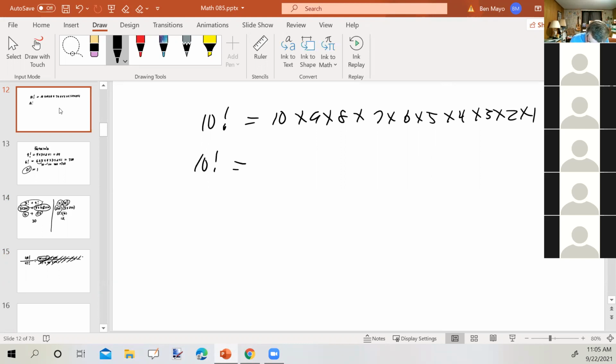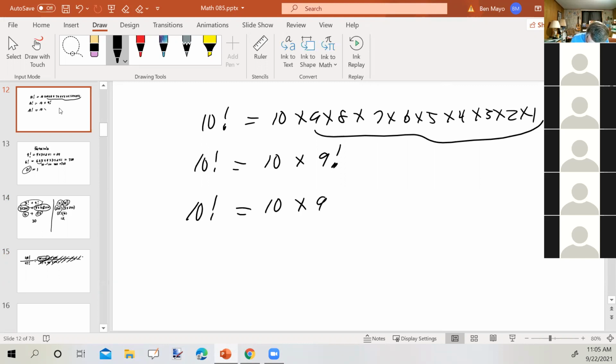But 10 factorial would also be 10 times 9 factorial, because isn't that 9 factorial? Or we could say 10 factorial is equal to 10 times 9 times 8 factorial, because 8 factorial would be equal to that. Are you seeing what I'm showing you here? Are you following that? We're following.